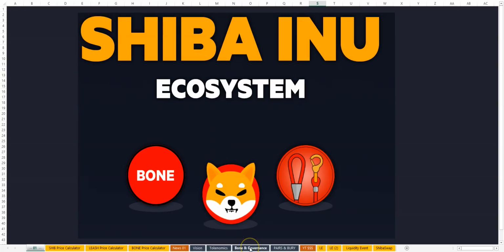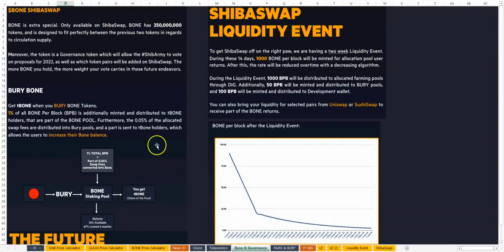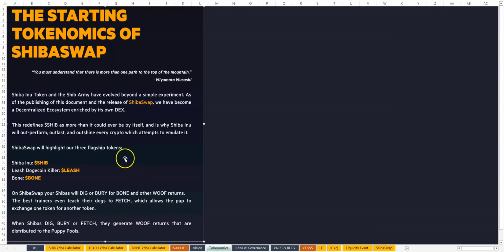I'll talk a little bit about the liquidity events, and particularly how the tokenomics work. We've got 3 tokens: SHIB, Leash, and Bone. And it says here on the Woof paper that on ShibaSwap, your Shibas will dig or bury for Bone and other Woof returns.